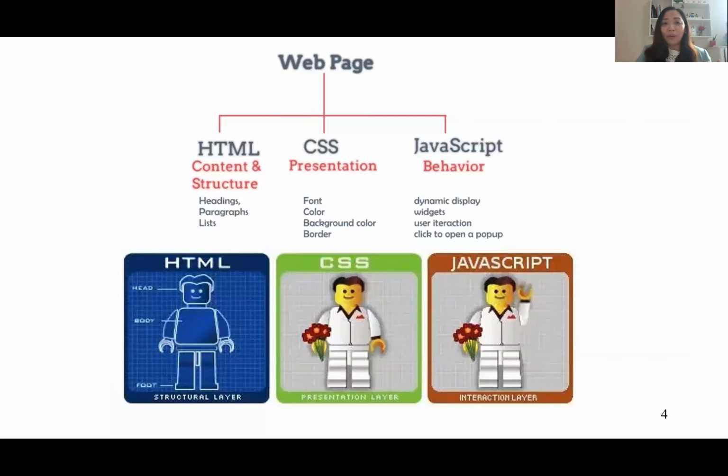Now let's go deeper into the difference between these three. In your web pages, you will have the HTML, as I said, this is the content and structure. You have the headings, the paragraphs, and the lists. If you want to add colors, background, and change the font, that's under CSS.